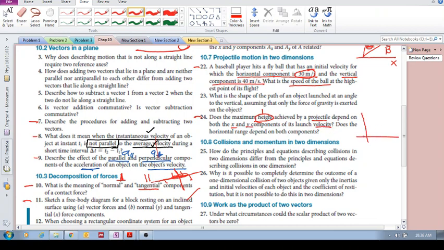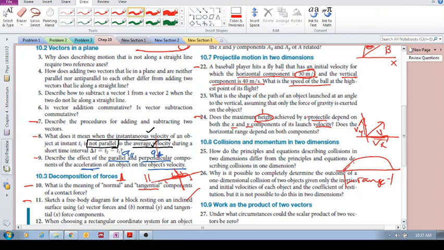Remember, there's its initial velocity v. It's got a Vy and a Vx component. So does the height depend on both its x and y components? And does the horizontal range, the range before it lands on some object, from there to there, depend on both?